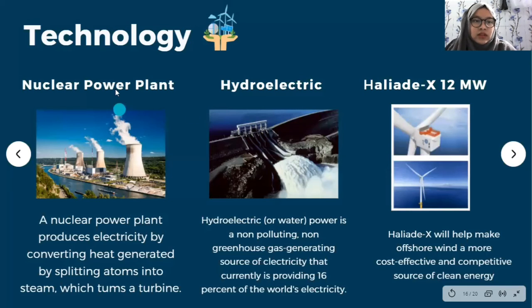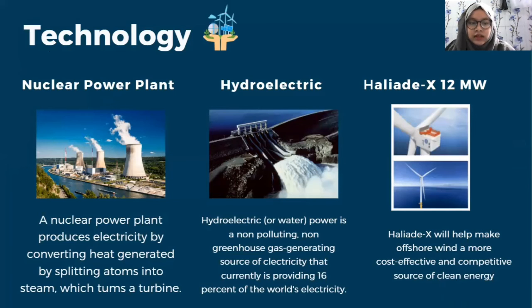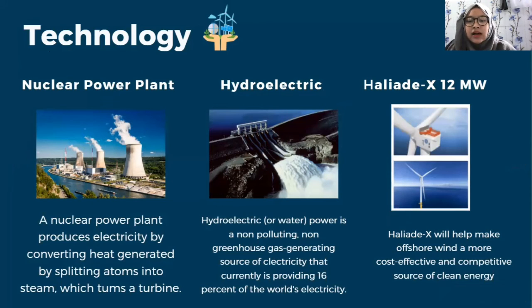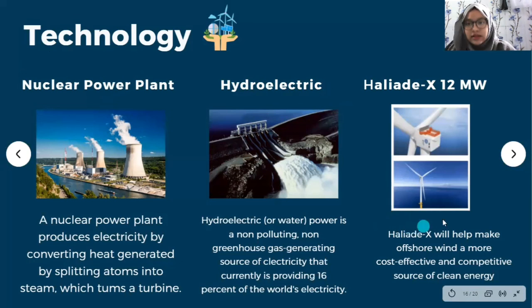The first is the nuclear power plant. A nuclear power plant produces electricity by converting heat generated by splitting atoms into steam, which turns a turbine. Here is hydroelectric. Hydroelectric or water power is a non-polluting, non-greenhouse gas generating source of electricity that currently provides 60% of the world's electricity.